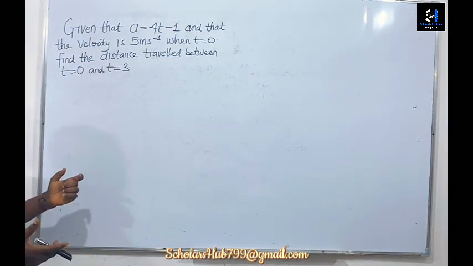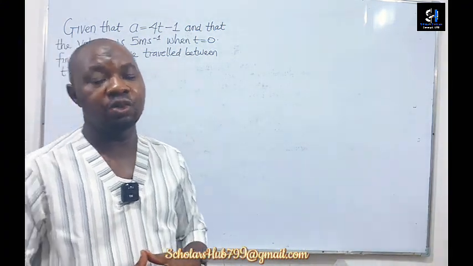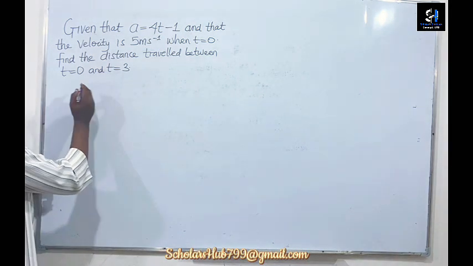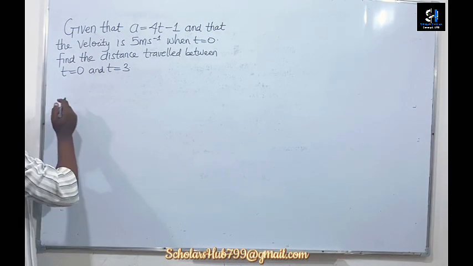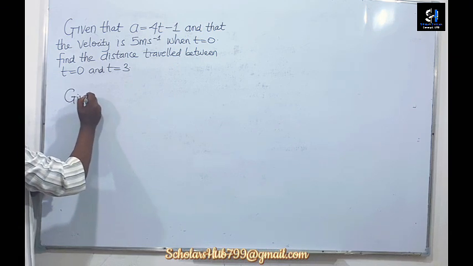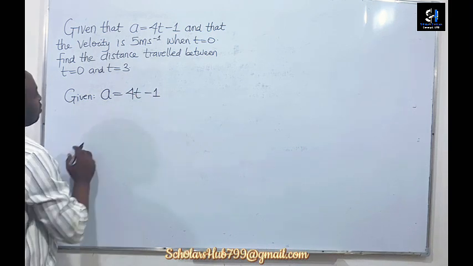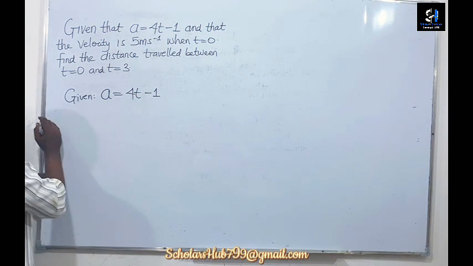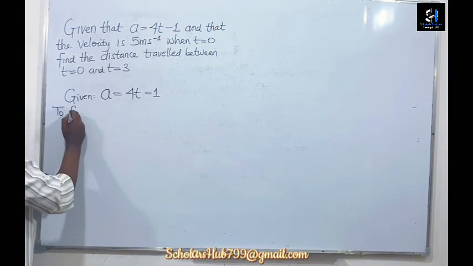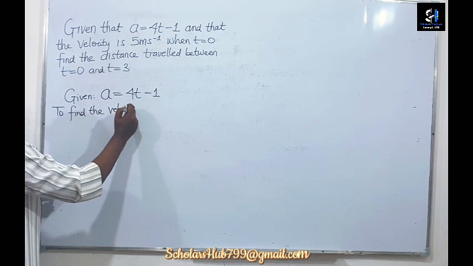Velocity can be expressed as the integral of acceleration with respect to time t. Now, the first thing to do is to find the velocity equation. So we're given a equals 4t minus 1, and we want to find the velocity equation.